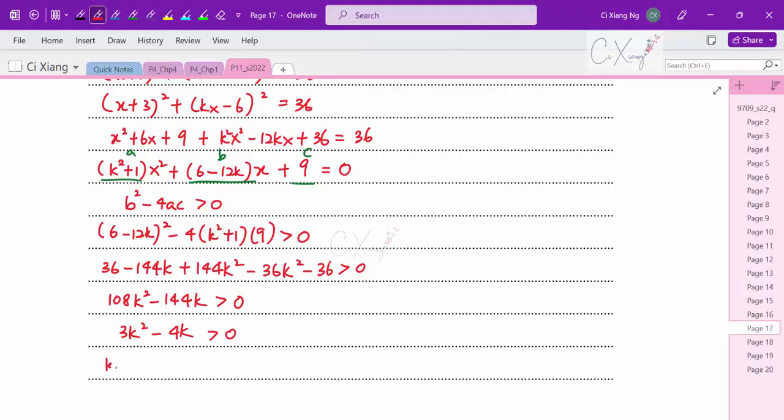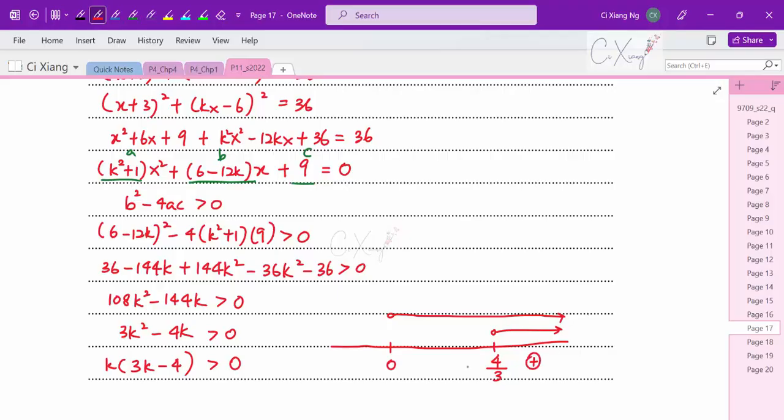If I try to factorize my inequality, I will have k(3k minus 4). To decide the set of values of k, we need to consider the number line. If you want, you can use the number line to help you, or you can visualize it yourself. So I'm having k equals 0, k equals 4 over 3. This one has two brackets, so both arrows are going to the right-hand side because the coefficient of k is a positive value.